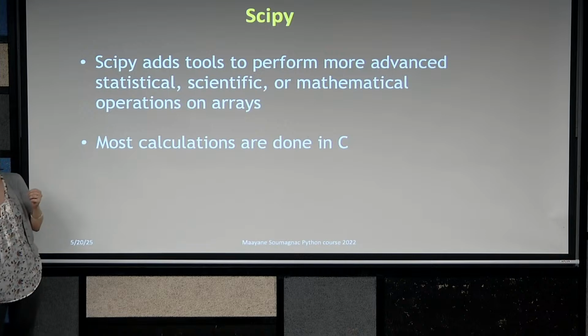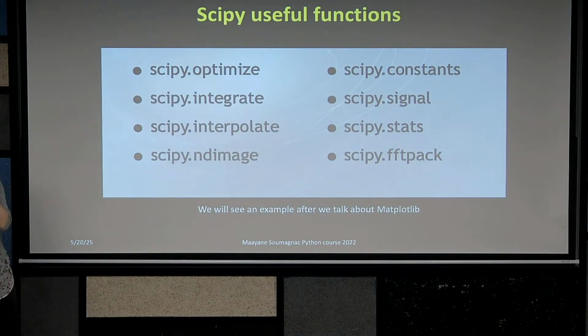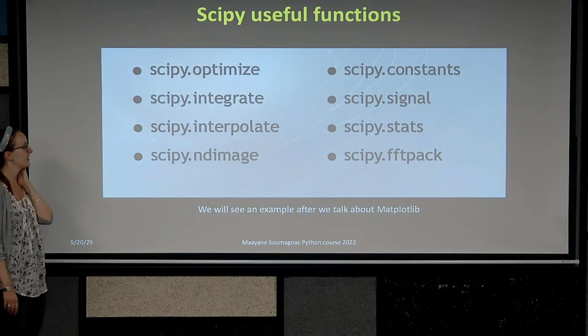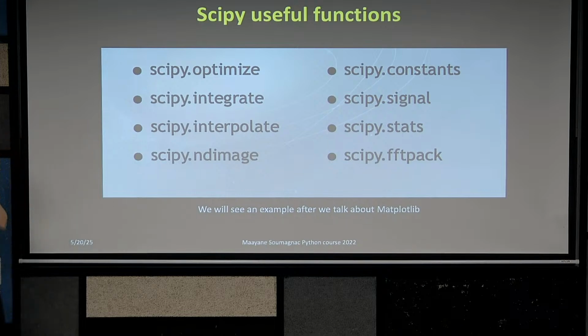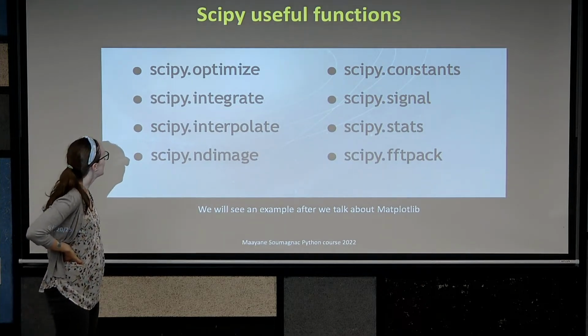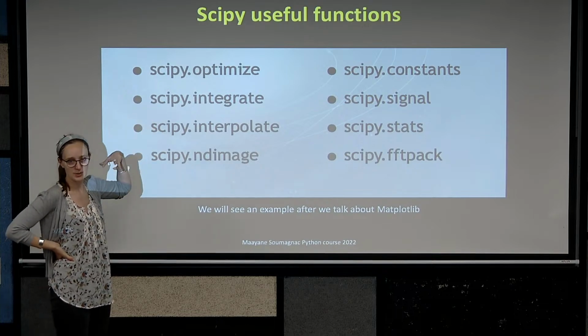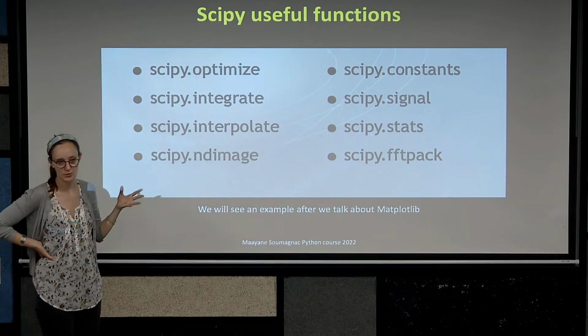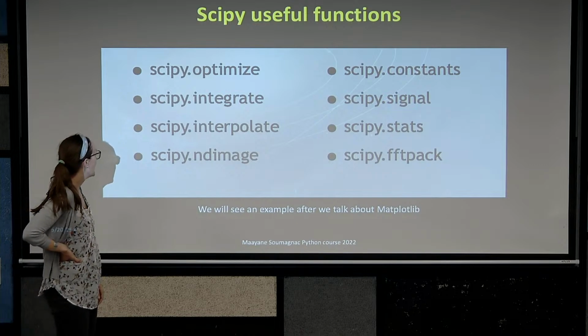So I gave you here a few examples of functions which are available through the SciPy package. Usually you install them together because SciPy is, I think, using NumPy. Okay, there is a connection between them. Okay, so you can guess that optimize will have all kinds of functions that allow you to do optimizations.